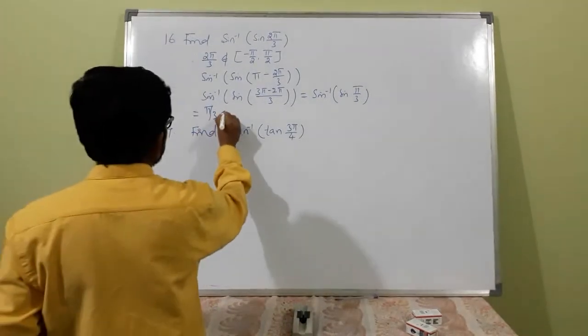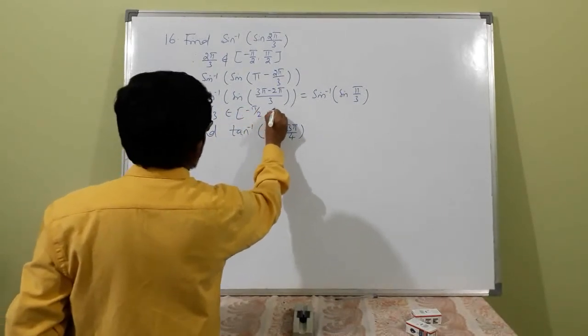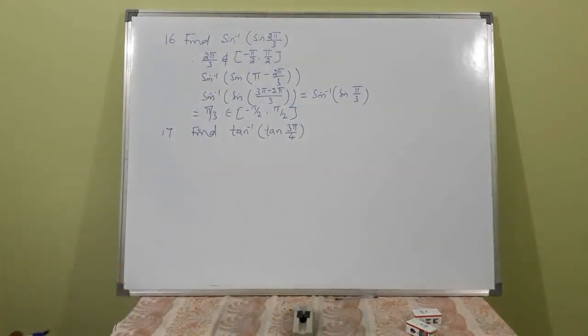So this belongs to minus pi by 2 to pi by 2. Okay, so pi by 3 is the answer.